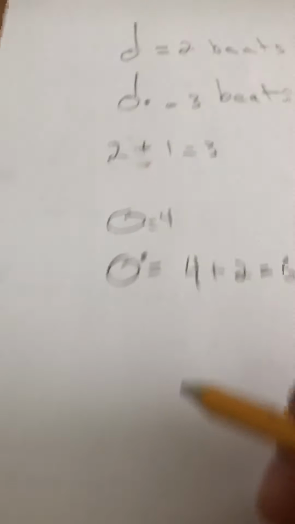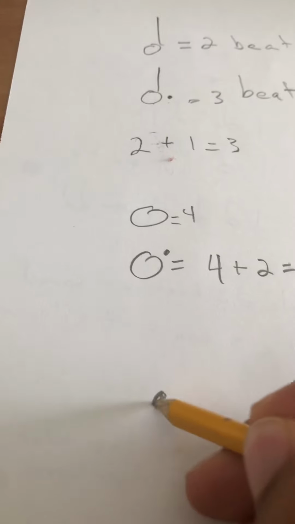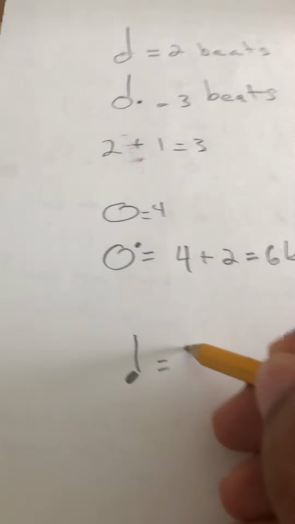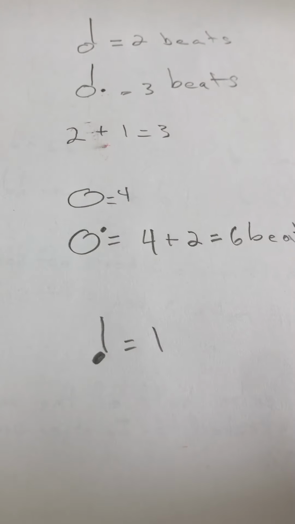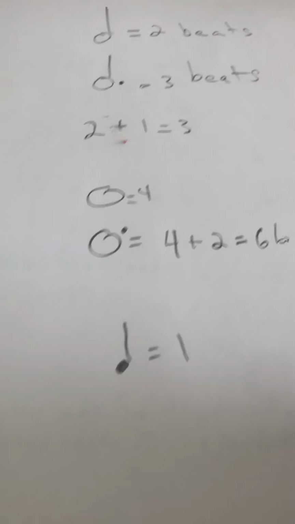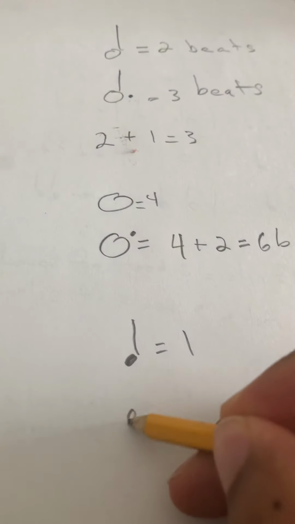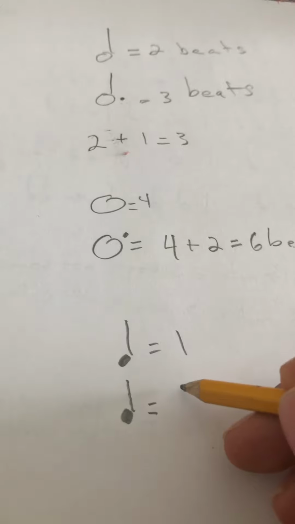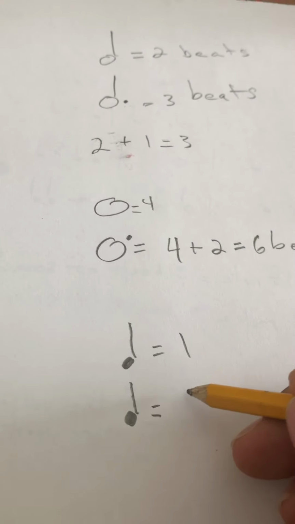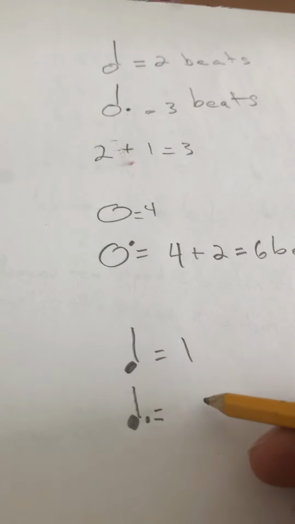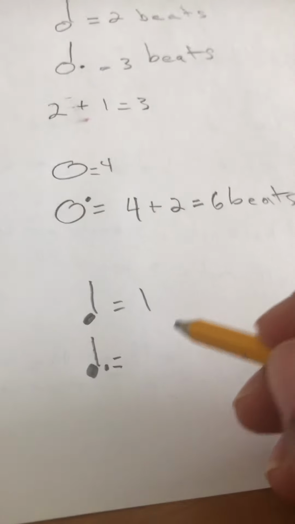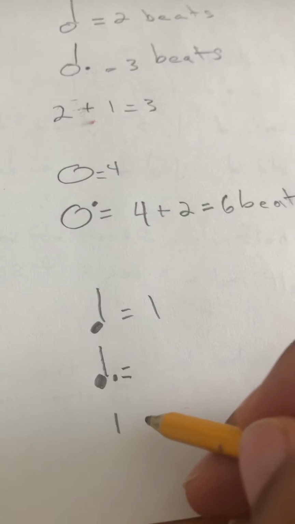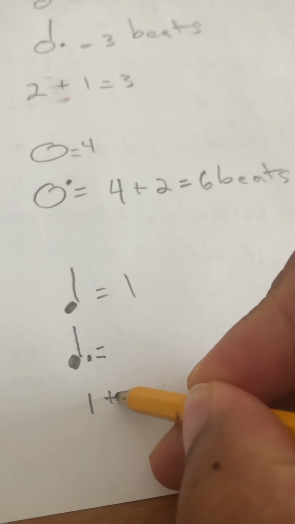All right? One more example. Let's say I had a quarter note. Quarter note is worth 1 beat. Now, if I had a dotted quarter note, you're adding an extra half. So 1 for the quarter note, and then you're adding an extra half.